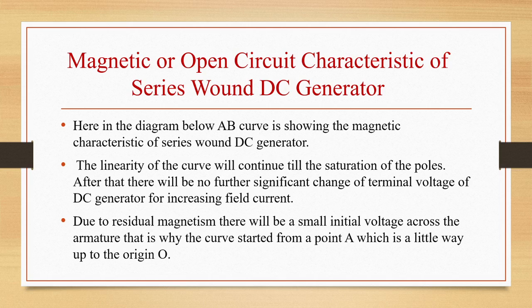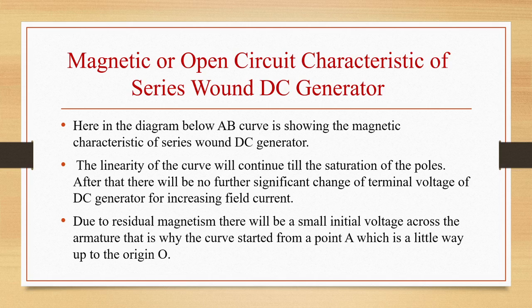That flux is called residual flux, and this entire thing is called residual magnetism. A small amount of flux will produce a small amount of voltage, so the machine will gather speed. As the speed increases, voltage will increase, flux will increase, and the machine will get started. That is called residual magnetism.